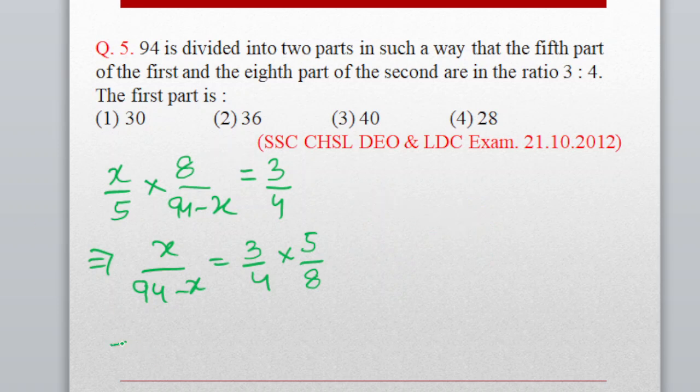Now this implies x by 94 minus x is equal to 15 by 32.